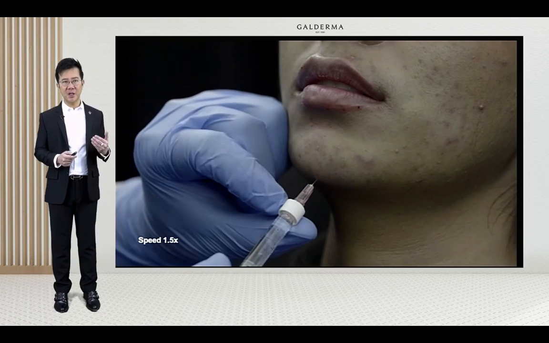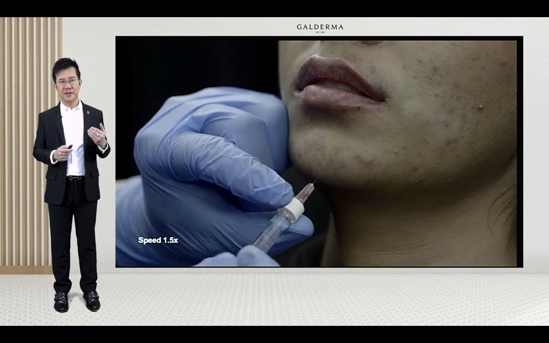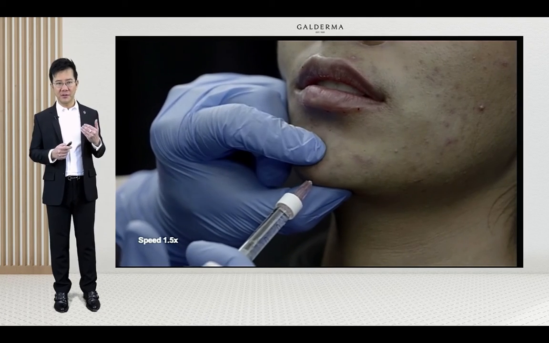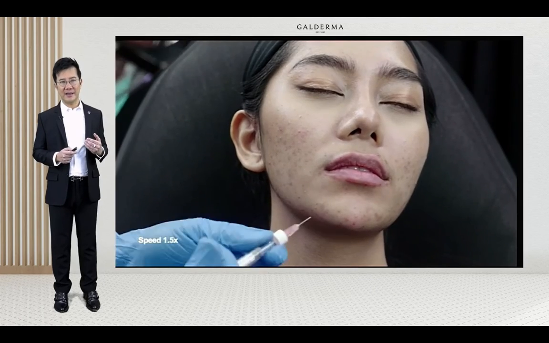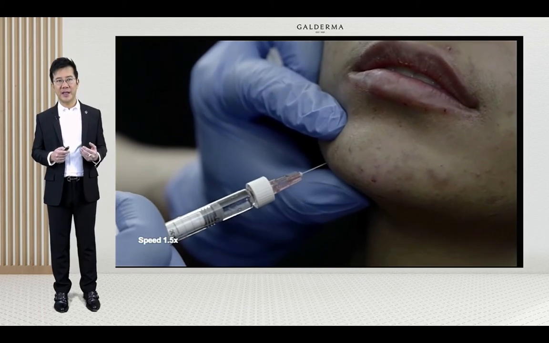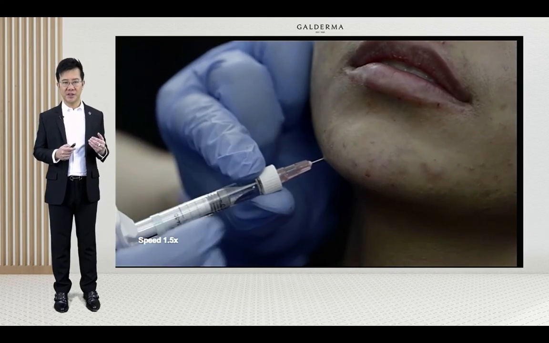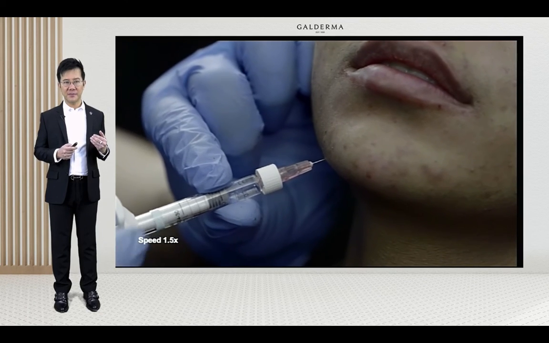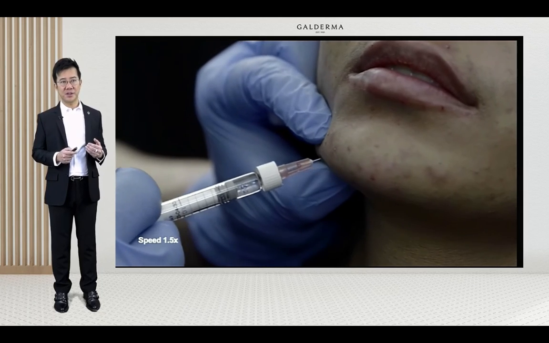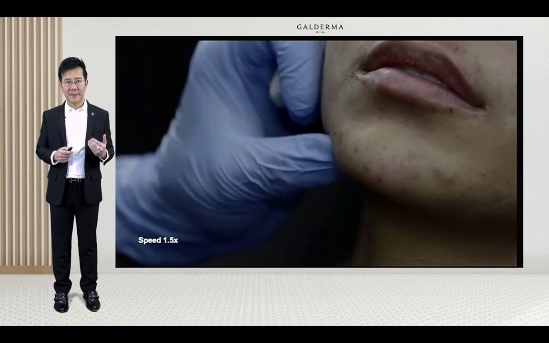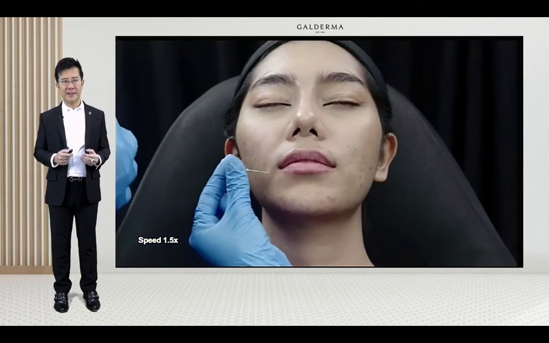In this case, I elongate her chin to improve the proportion of the lips and the lower face. For safety, it is a good idea to aspirate until you see the bubble before injection, just like this. Here I inject deep to the bone to support under the mandibular ligament.